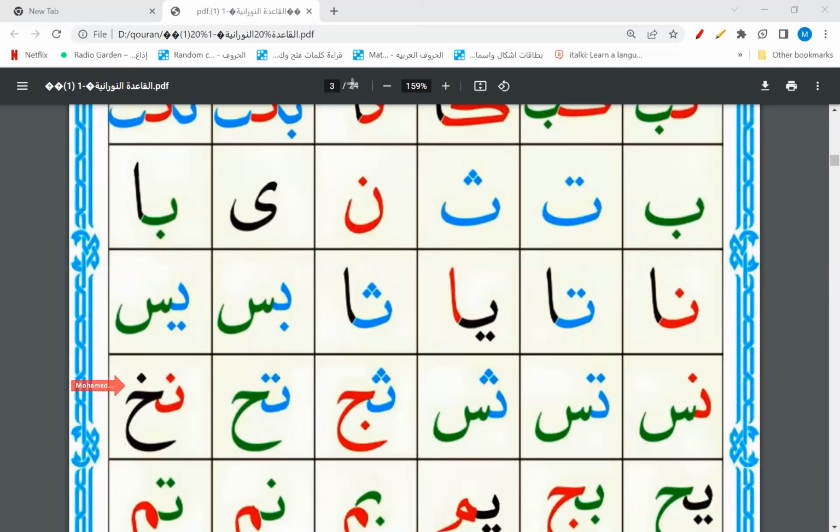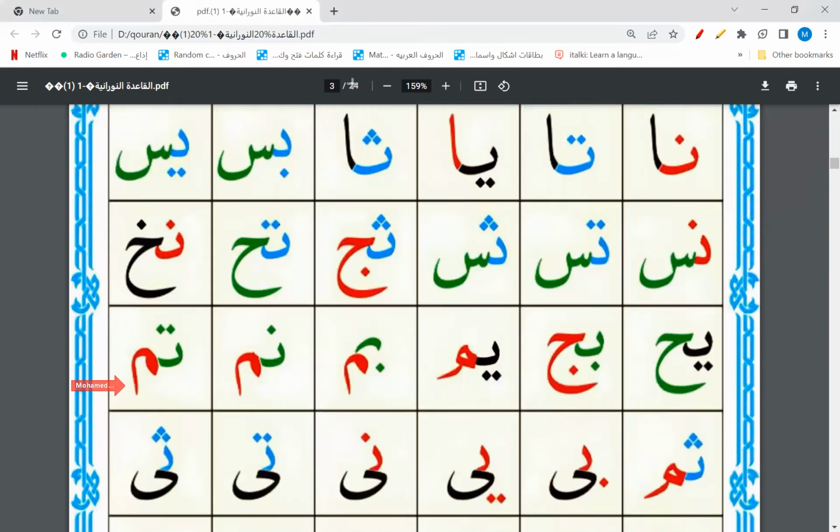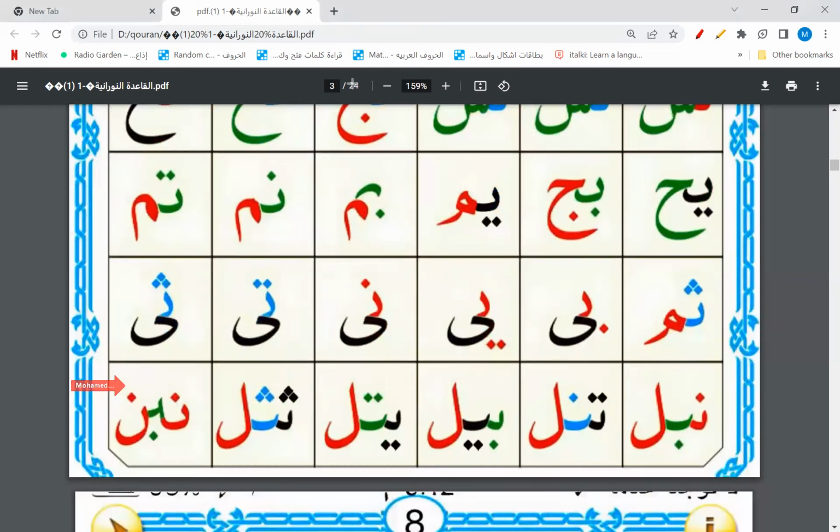And this one? That one is na, kha. Na, kha. Very good. Okay. And this one? Which one? This one.